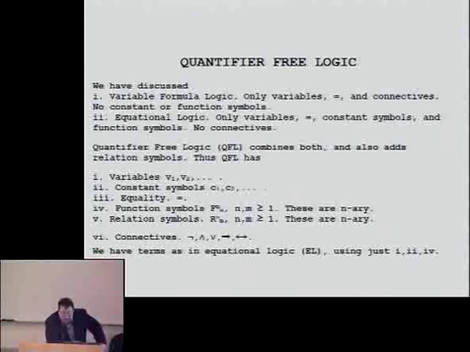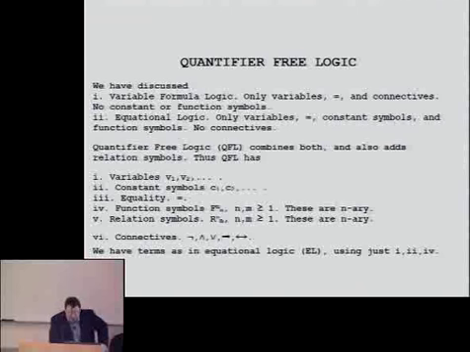Now we're going to graduate, take a pretty big step, but it's all set up for us, so it's not going to be surprising. We've discussed variable formula logic where we only had variables, equality, and connectives, and no constant or function symbols. And then we had equational logic, where we had only variables, equality, constant symbols, and function symbols, and we had no connectives.